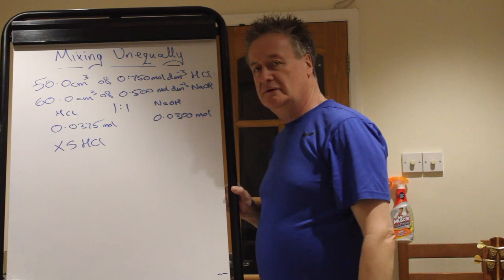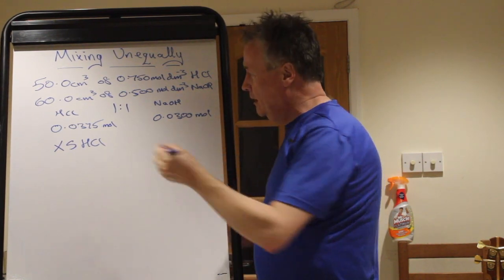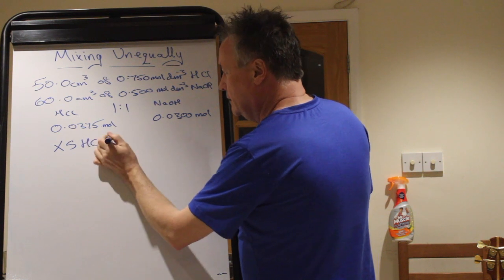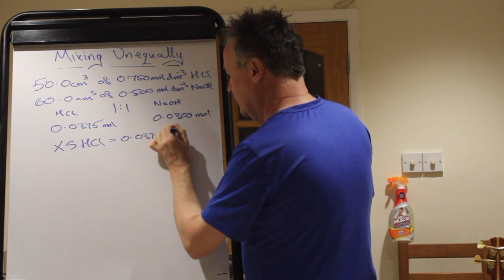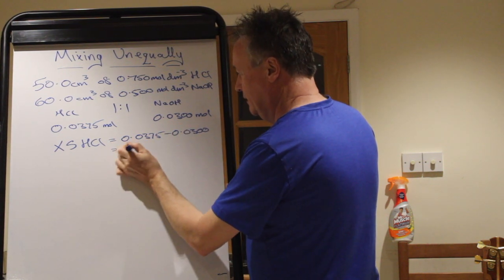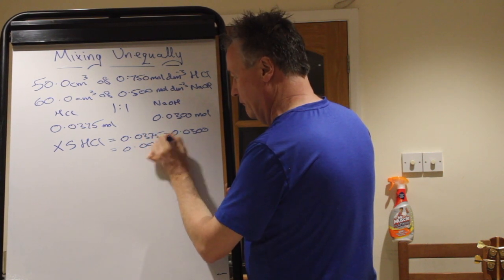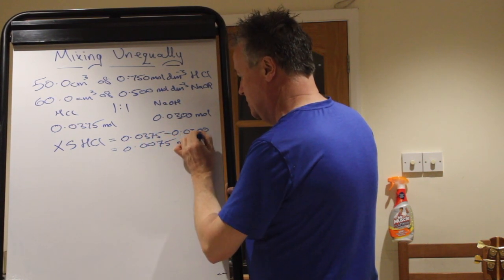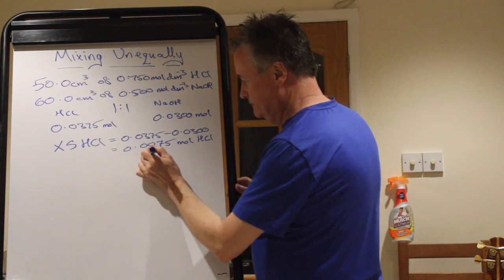The excess of hydrochloric acid, not supposed to write excess in an exam, bad, is therefore 0.0375 minus 0.0300 equals magically 0.0075 moles of HCl. Total volume 110.